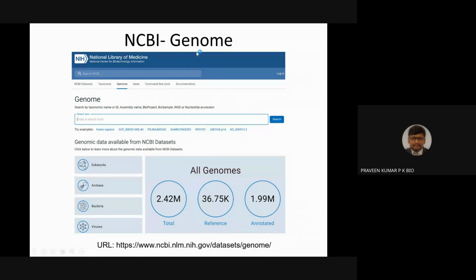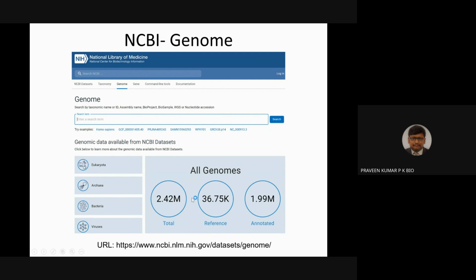Related to the NCBI genome, if you go to this URL, NCBI datasets genome, you can find the total number of genomes deposited in NCBI. Totally, if you see, 24.2 lakh genomes are deposited. Out of that, the reference genomes are around 36,750, and annotated genomes are around 19.9 lakh.